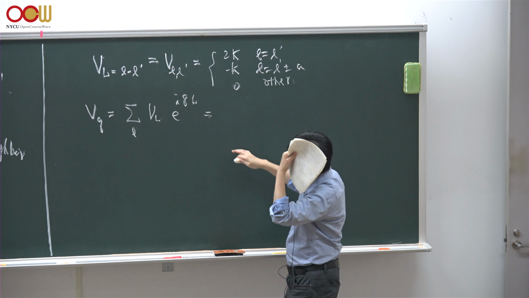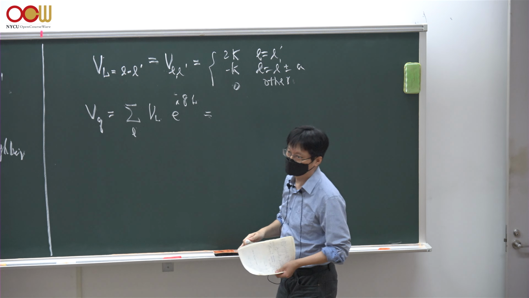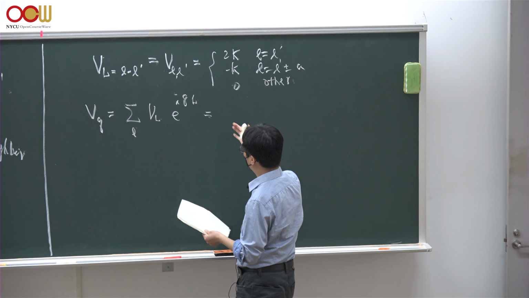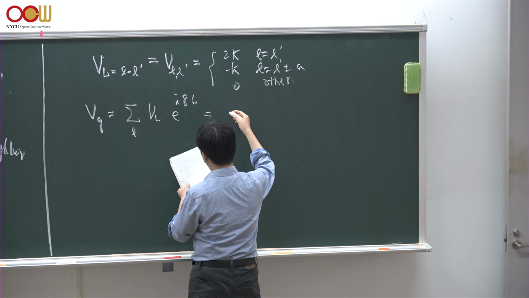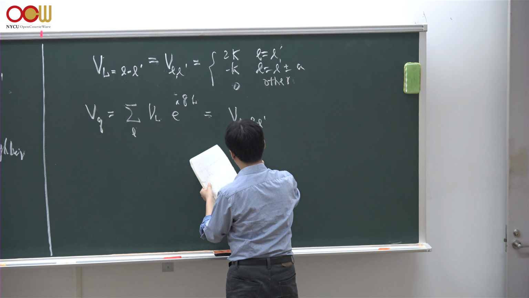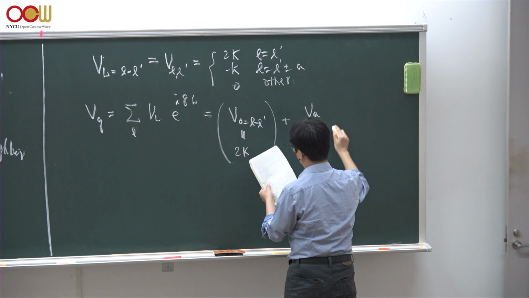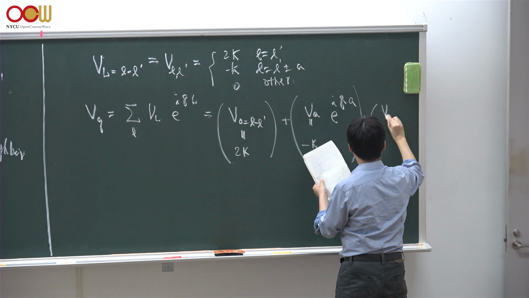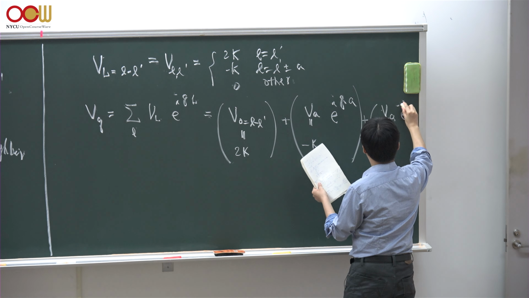You know that V_{ll'} takes only 3 possible values, 2K, minus K, or 0, and therefore you simply separate this summation into different cases. One is when l equals l prime, meaning capital L is 0, and this is going to be 2K, plus V_a, which gives you minus K e^{iq·a}, plus V_{-a}, which gives you minus K e^{-iqa}.